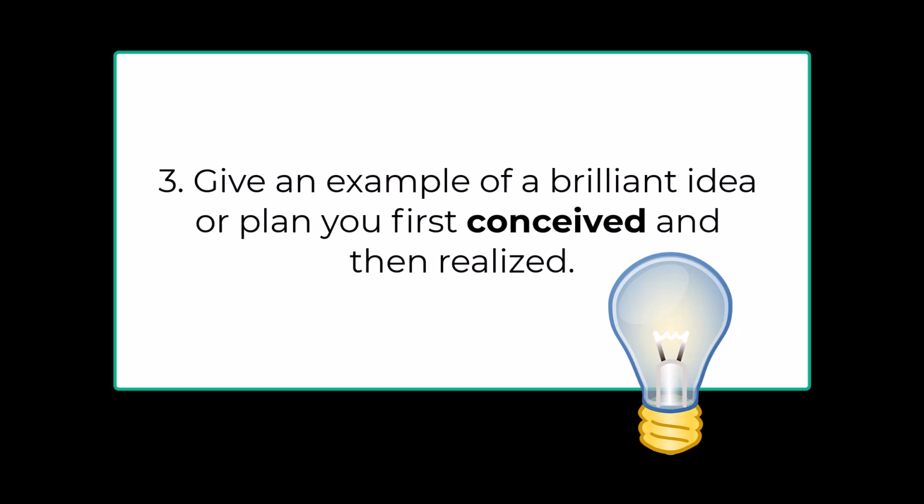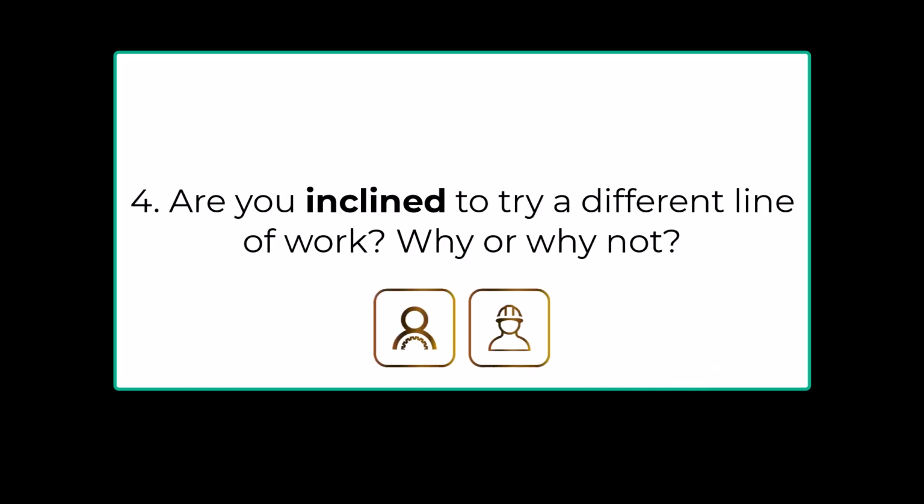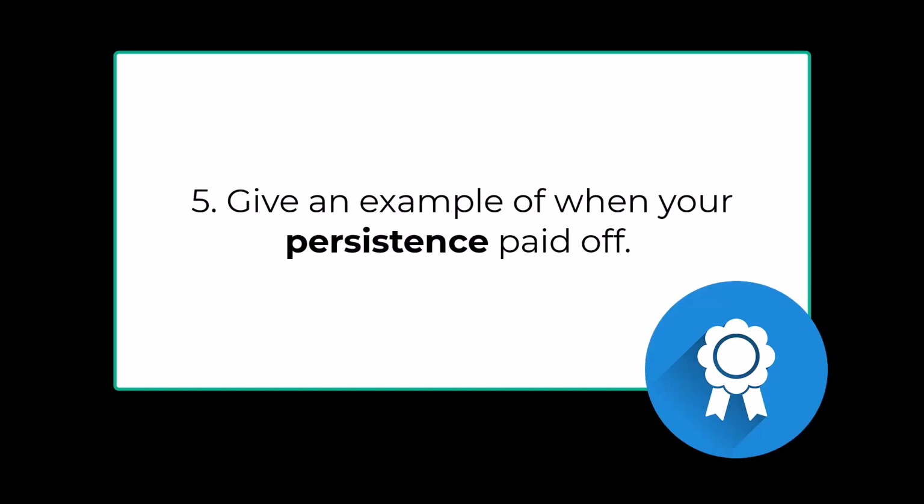Give an example of a brilliant idea or plan you first conceived and then realized. 4. Are you inclined to try a different line of work? Why or why not? 5. Give an example of when your persistence paid off. Meaning, when did your persistence benefit you?